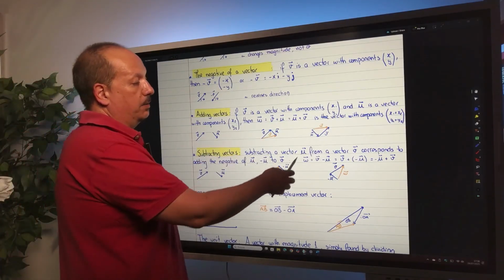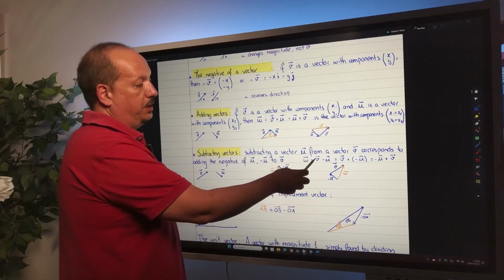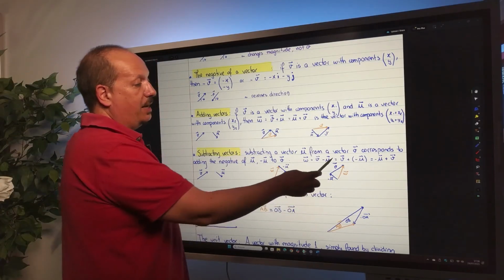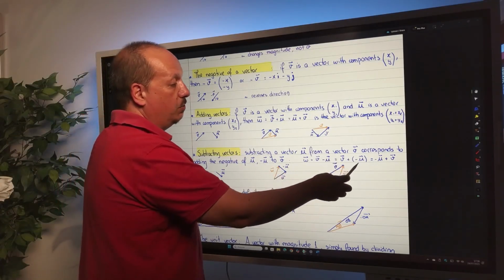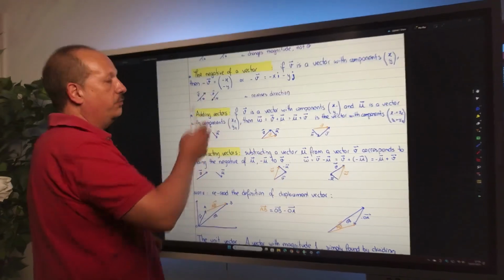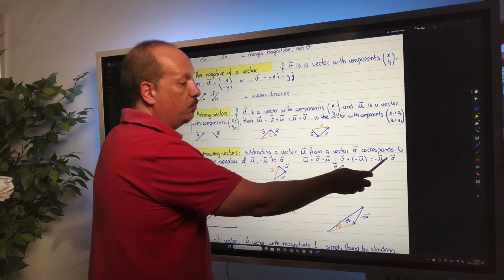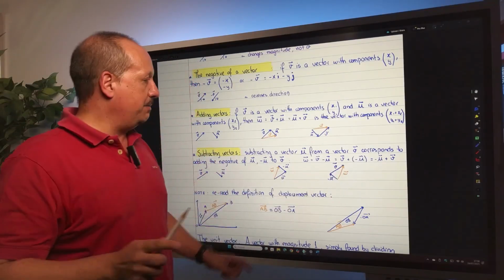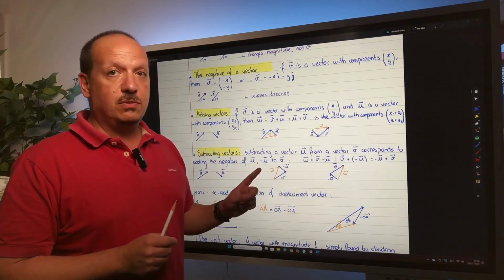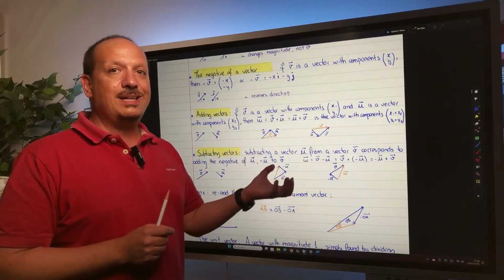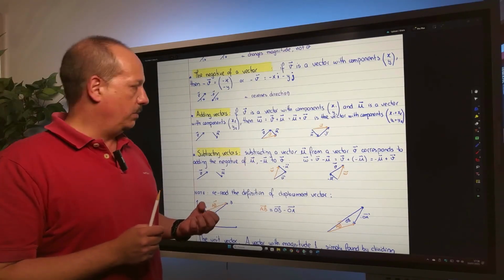So w, the overall vector, is going to be v minus u, which is the same as doing v plus minus u. And this you already learned how to do before, okay? This is going to be the same as doing minus u plus v, but it's not the same as doing minus v plus u, okay? It matters which one is being subtracted, okay?